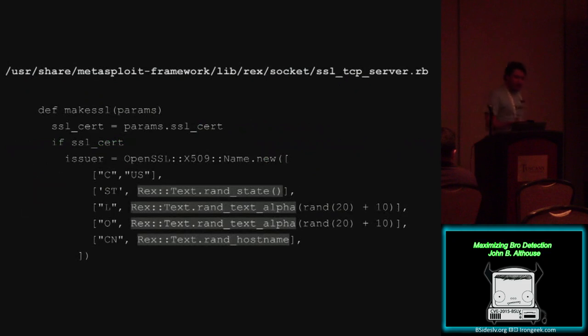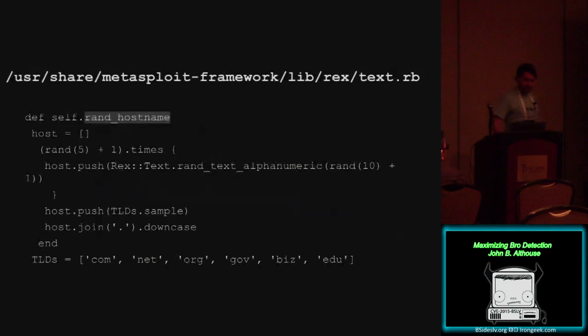So how does Metasploit come up with these randomly generated certs? Well, if you look at the code, country code is always going to be US. The state is some random state. Looks like the location, the city field, is random alpha, 10 to 30 characters. Same with the O field, and the CN field is a random host name.